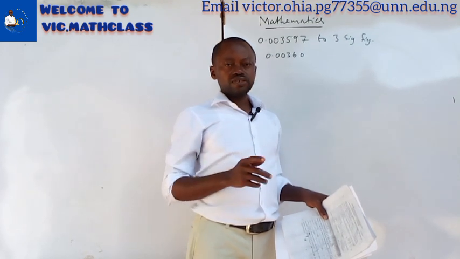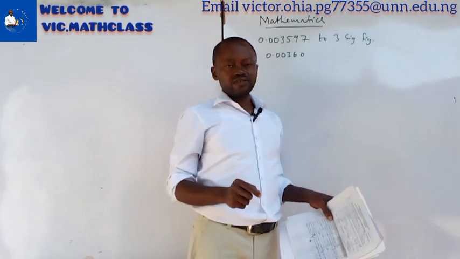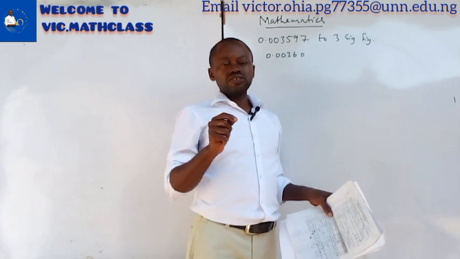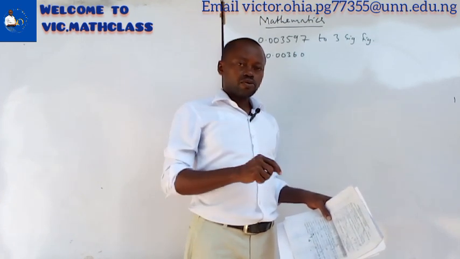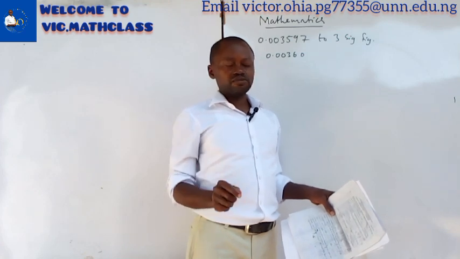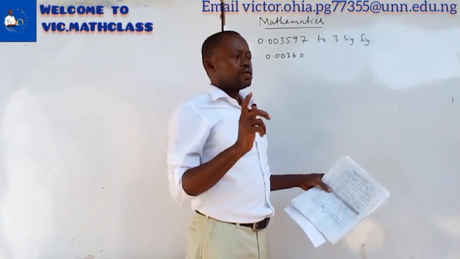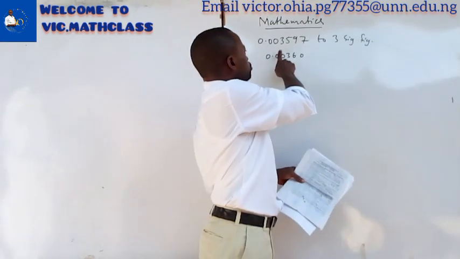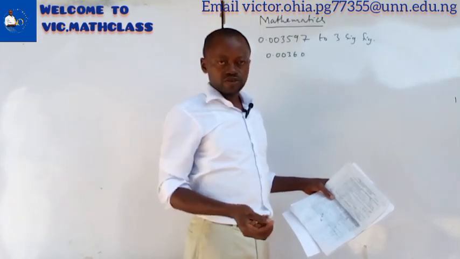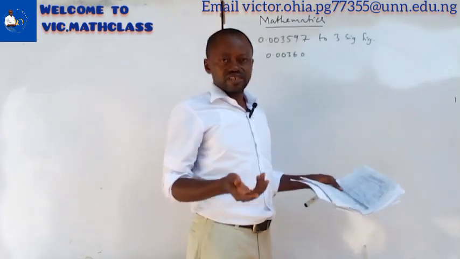In the case of decimal places, you start counting from the digits immediately after the decimal point, whether it is 0 or non-zero. So assuming I am requested to put this figure, which is a result I have obtained after my calculation, in three decimal places, three places of decimal.